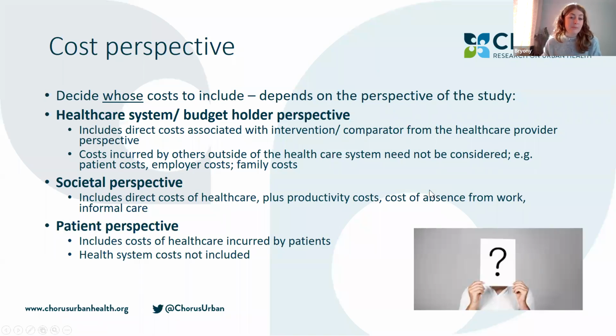So this perspective is useful for understanding and demonstrating the cost implications for patients and can be especially useful for evaluating equity impact. So we have to think about whose costs are going to be relevant for our projects and what sort of evidence we want to provide. And of course, it might be the case that we would want to consider more than one perspective.